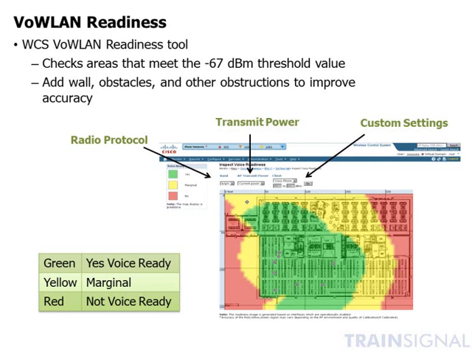And then the color scheme indicates whether or not the area is ready for voice. So this green area is voice ready, the yellow area is referred to as marginal, and the red area is indicating where the signals are so weak that you're not going to be able to make a quality voice call.